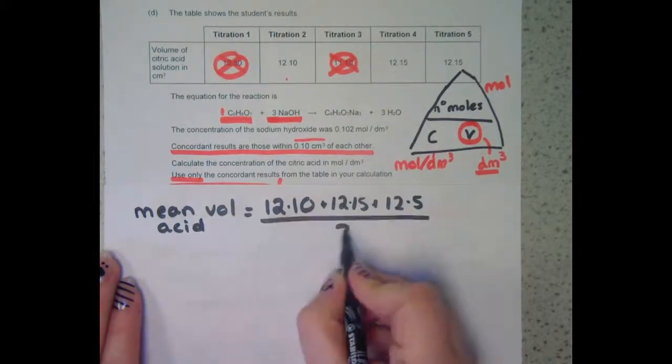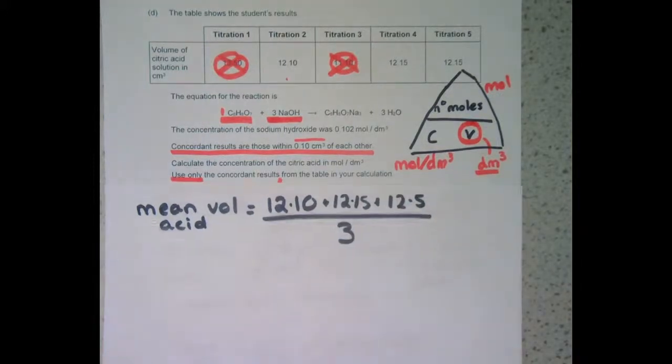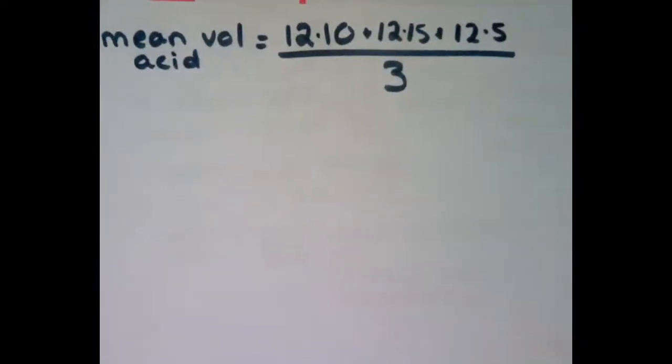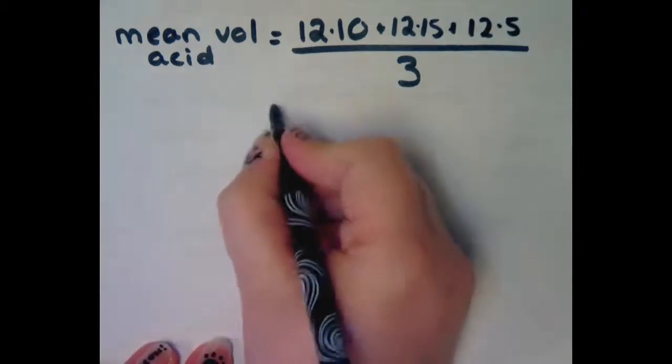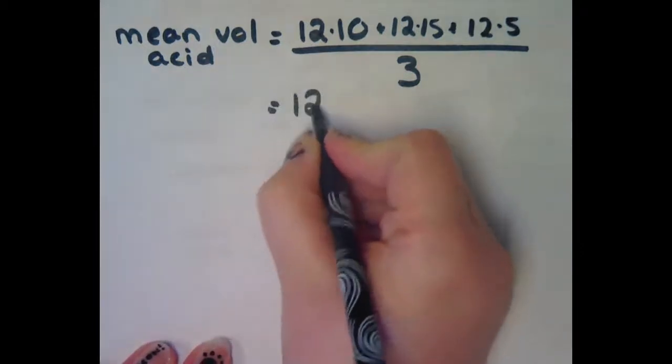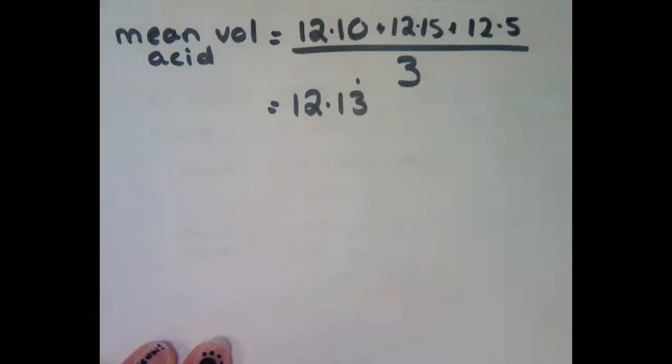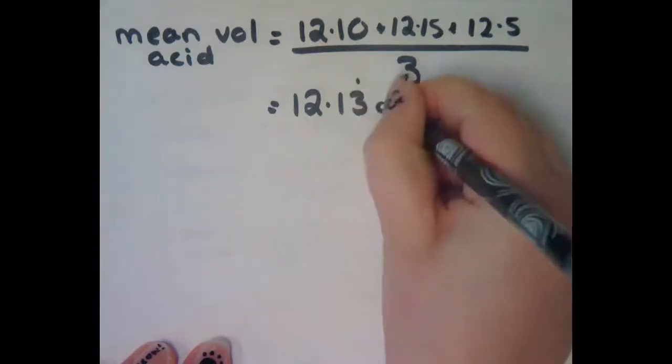Divided by the 3. When I do that, I get 12.13 recurring centimetre cubed.